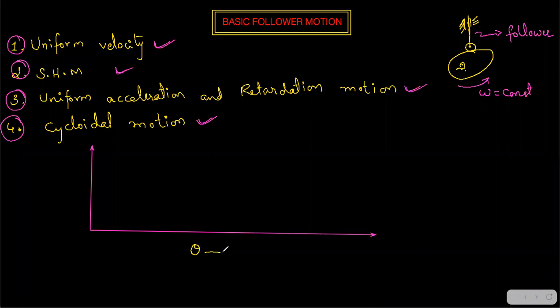And why am I representing it? You will come to know very soon. So it is cam rotation. It means the angle turned by the cam. Okay, the angle rotated by the cam is cam rotation. And on the y-axis, we are going to represent the lift. So this is the y-axis which goes up. Here we represent the lift, L-I-F-T.